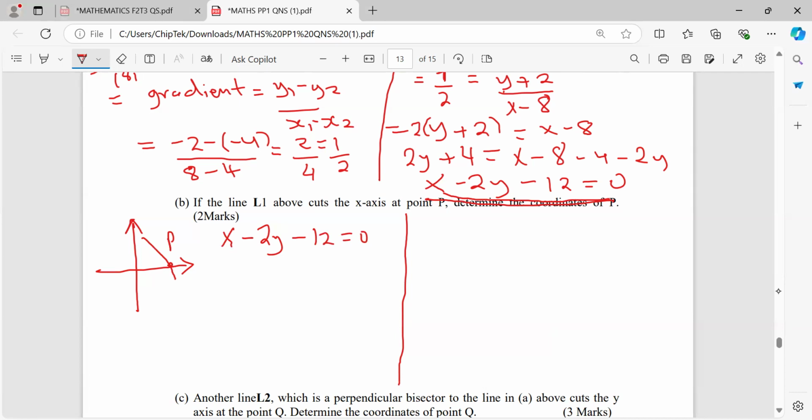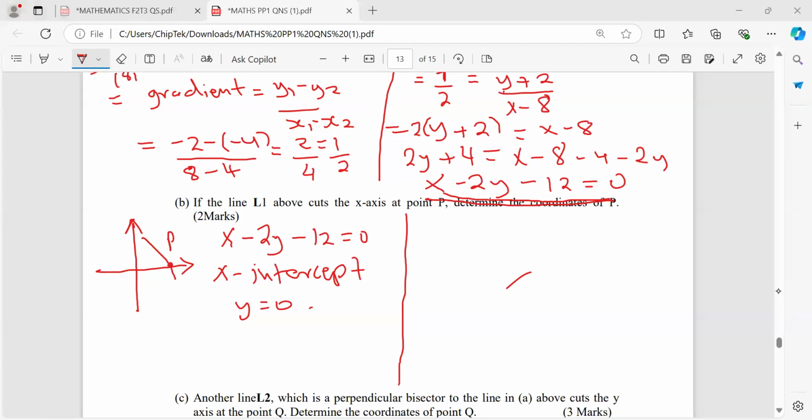So hii ikikata x-axis, hii P twaita x-intercept. Na x-intercept, y is always equal to 0. Sawa. Y is equal to 0. So pale ambapo kuna y utaweka 0. So rahisi.